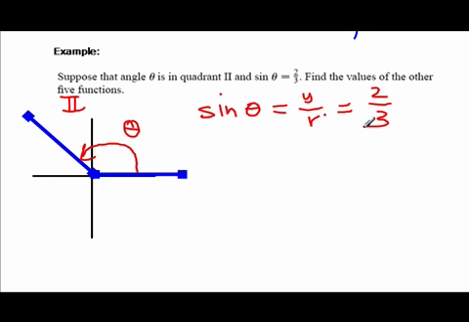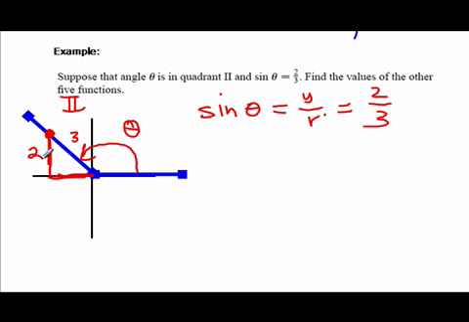So I'm going to pick this point P again. Pick any point P on the terminal side. It has associated with it a vertical distance from the origin and a horizontal distance from the origin. We know that r is 3. The r value is 3. And we know that the y distance is 2, or the y coordinate is 2. We've got to come up with the x coordinate, right?